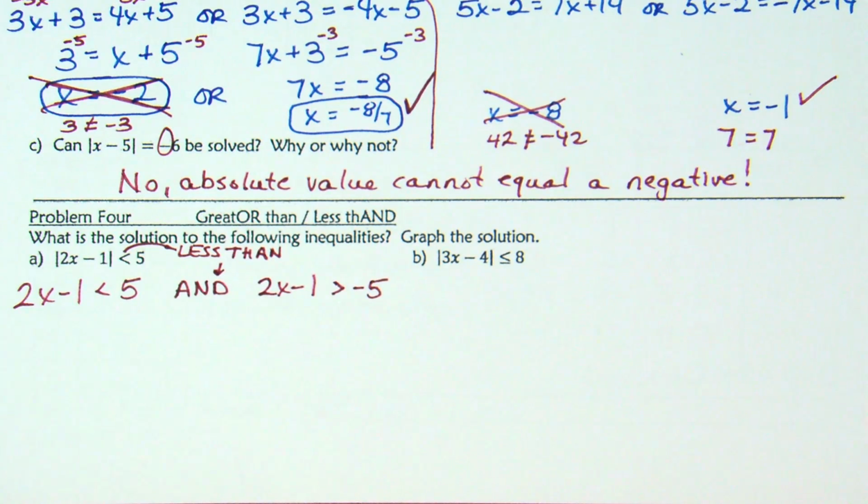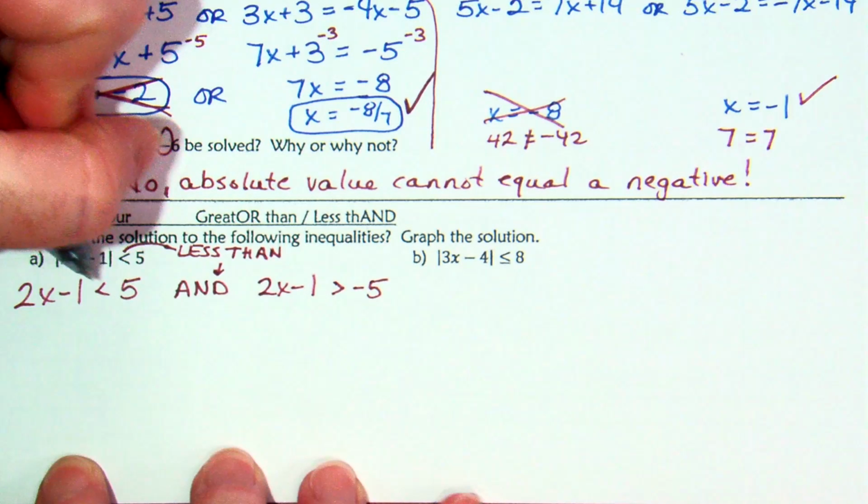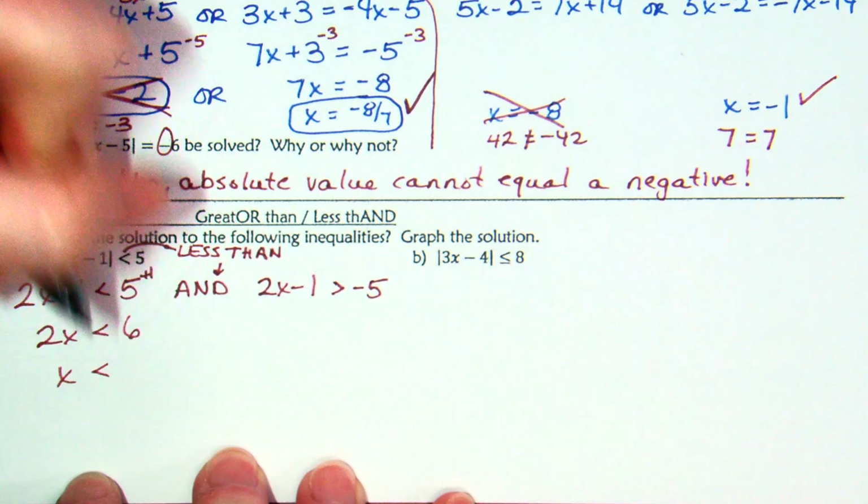Can we solve these? If it's 2x minus 1, I'm going to add 1. 2x less than 6. Divide by 2, and x is less than 3. Don't forget your word.